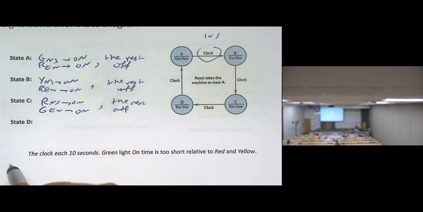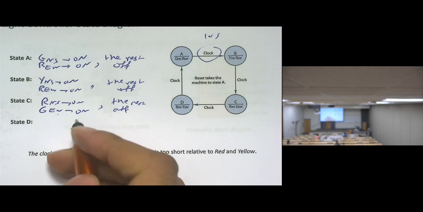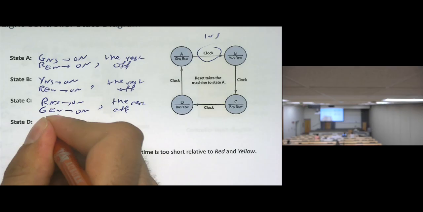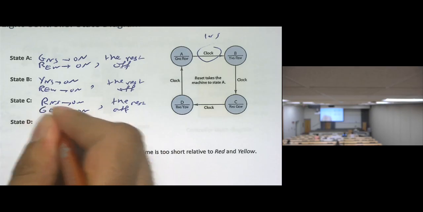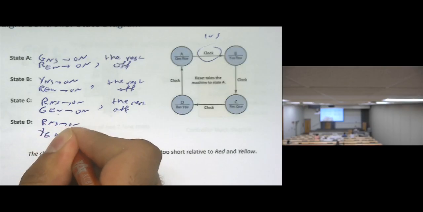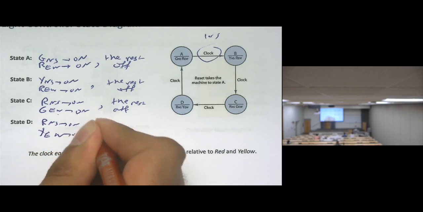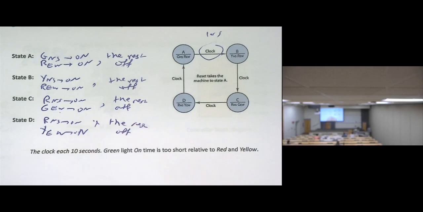What's the next state? This one should be yellow, right? So north-south will remain red, while the east-west green will turn to yellow. East-west yellow will be on, then the rest off, right?